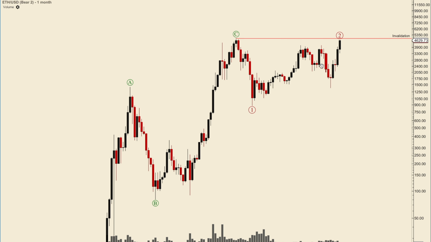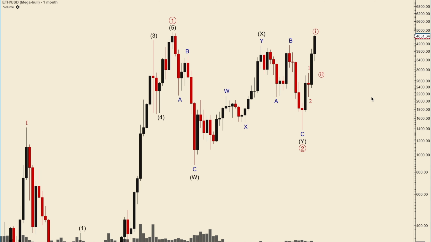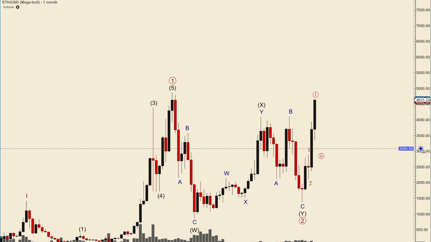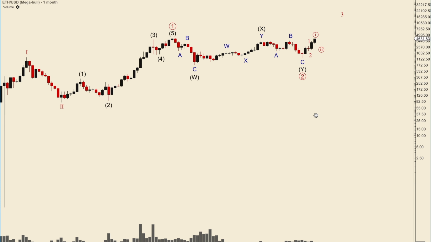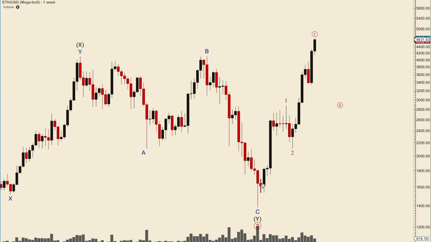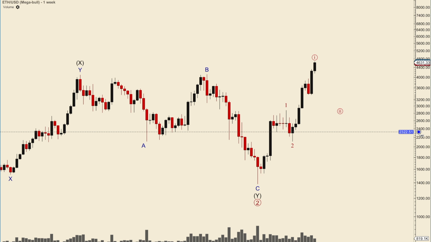So we have the wave C not being long enough, we have the time aspect of wave 2 taking too long, and we also have the 886 touch talking against this scenario. So basically, the bullish scenario is the most probable scenario right now. And we need to keep an eye out for any channel breaks here and follow this.